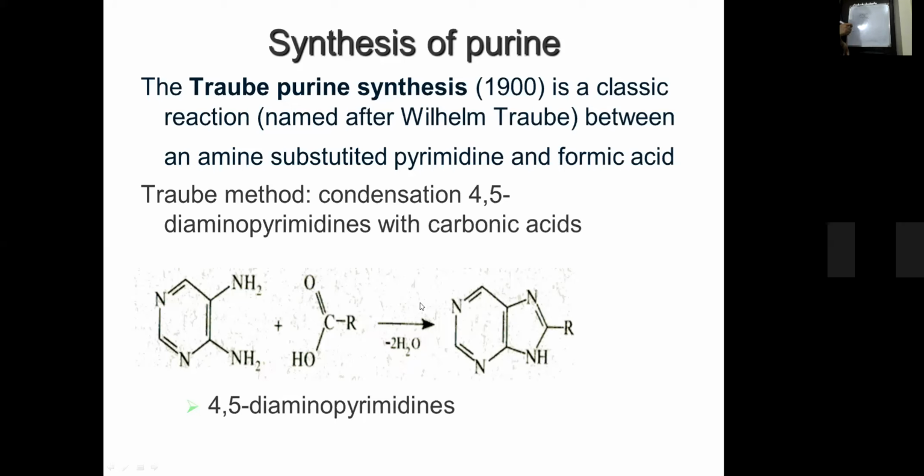Your amino group should get the least numbering as per the nomenclature, so that is 4,5-diaminopyrimidine.